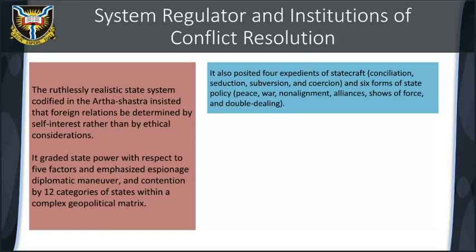It also posited 4 expedients of statecraft, that is, conciliation, seduction, subversion, and coercion, and 6 forms of state policy, that is, peace, war, non-alignment, alliances, shows of force, and double dealing.